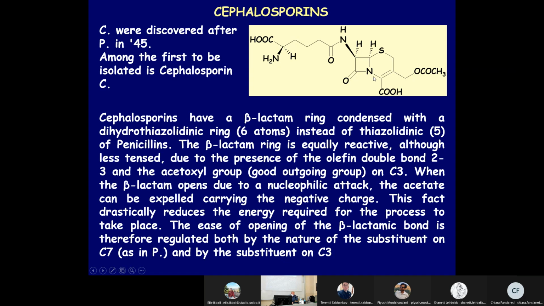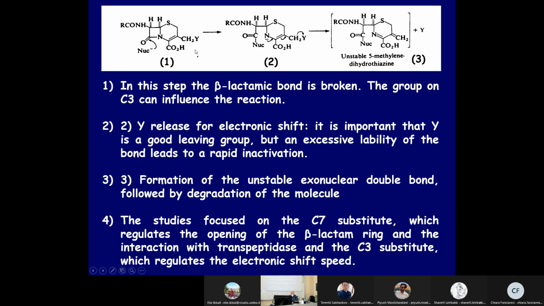But the reactivity of cephalosporin is due to the presence of this leaving group and this double bond. In fact, you can see here what happens when the nucleophile, for example, the transpeptidase, the main target of this family, attacks the carbon atom of the carbonyl group here.